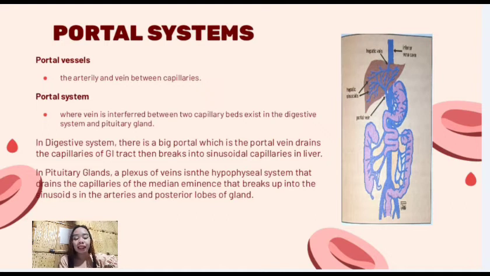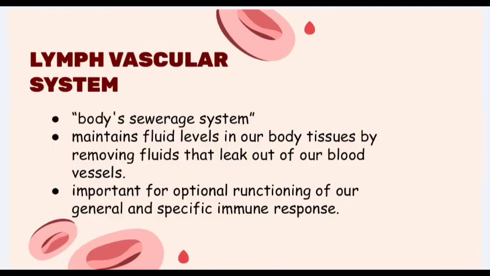In the pituitary gland, there is a plexus of veins, the hypophysioportal system, which drains the capillaries of the median eminence, then breaks into sinusoids in the anterior and posterior lobes of the gland.